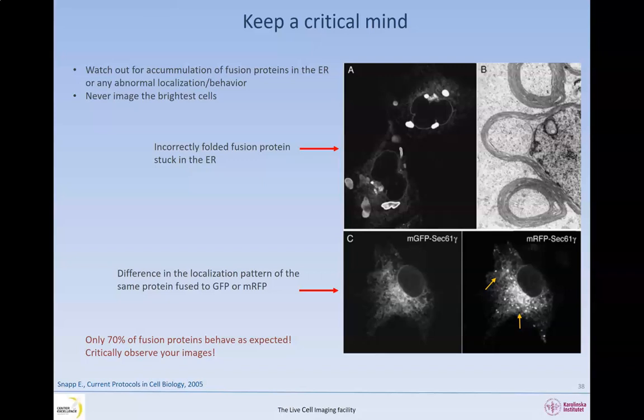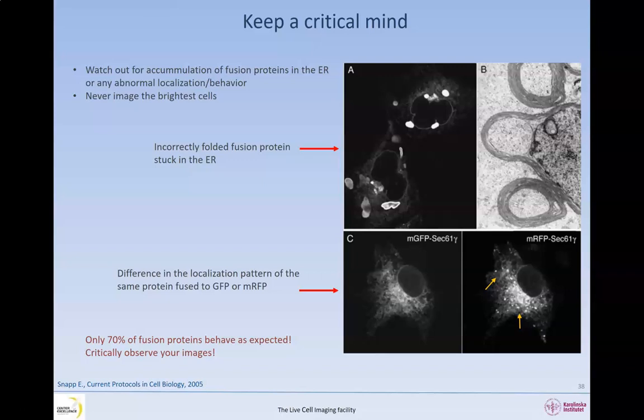Watch out for accumulation of fusion proteins in the endoplasmic reticulum. In Figure A, you can see an example of a non-properly folded fusion protein which got stuck in the ER. Also, be aware that different fluorescent proteins may behave differently in certain cellular compartments.